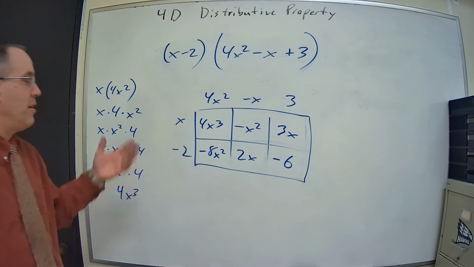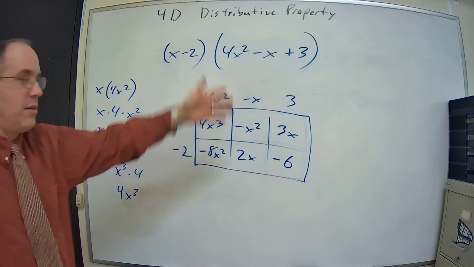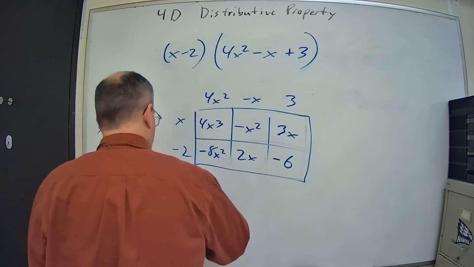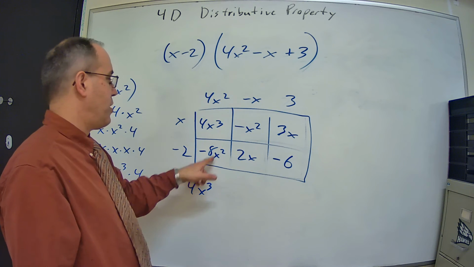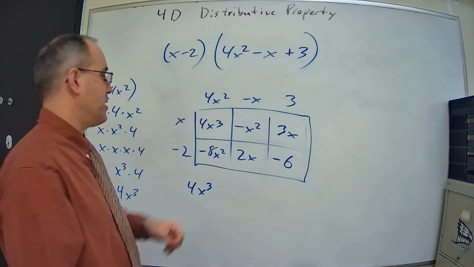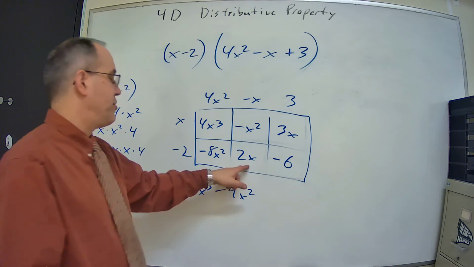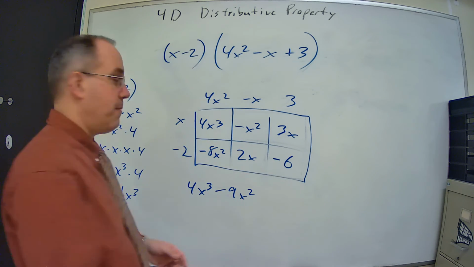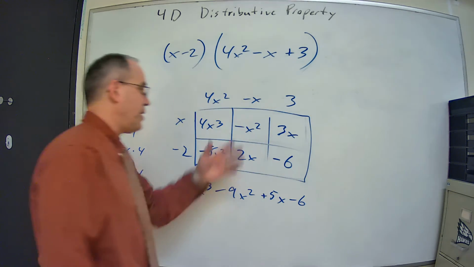And now I can come up with my final result of this product. So I have 4x cubed. I have minus 8x squared minus x squared, so that's minus 9x squared. I have 2x plus 3x gives me 5x minus 6.